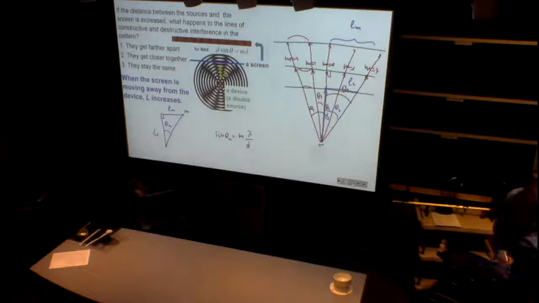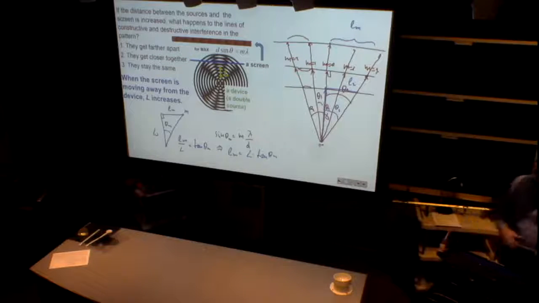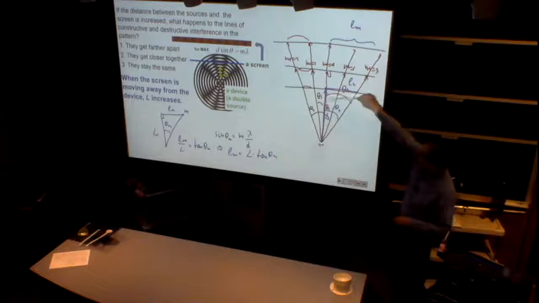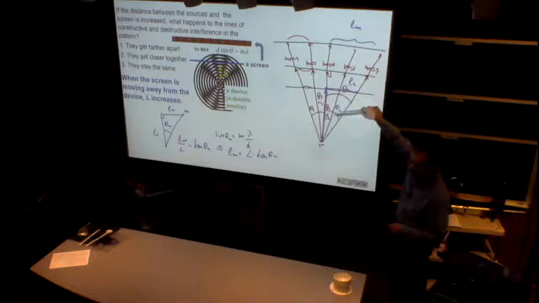Tangent. When we move a screen in any direction, we do not affect these angles, they stay the same, but we affect this length.